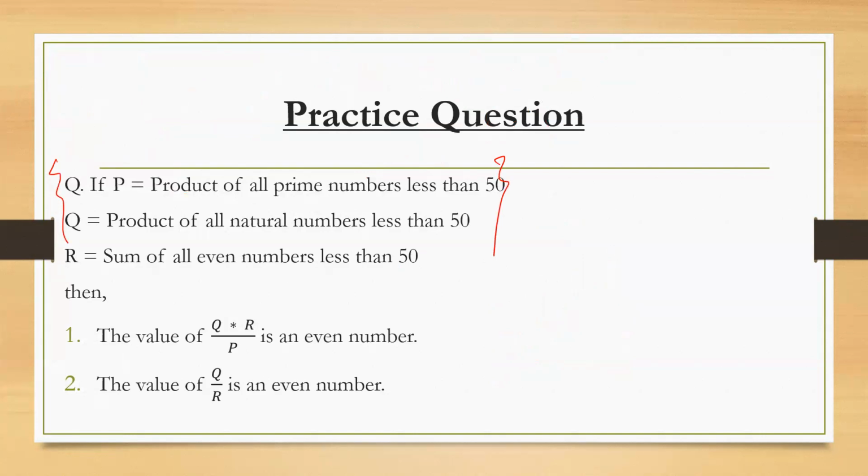Raghavan is saying both are wrong. Pratisha is saying 1 and 2. What is the sum that you got? Sum of all even numbers less than 50. 600. सबको मिला? चलो 600.